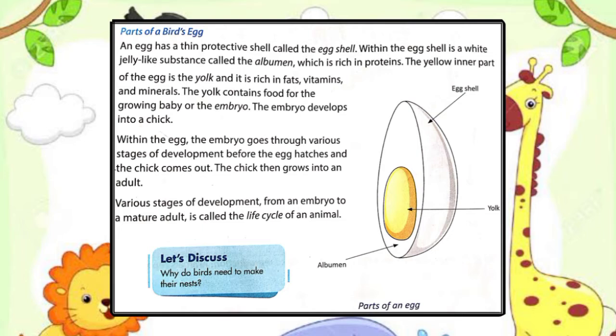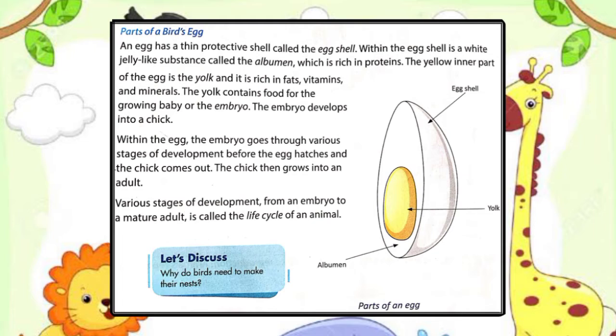Now let's understand about parts of a bird's egg. An egg has a thin protective shell called the eggshell. Within the eggshell is a white jelly-like substance called the albumen, which is rich in protein.